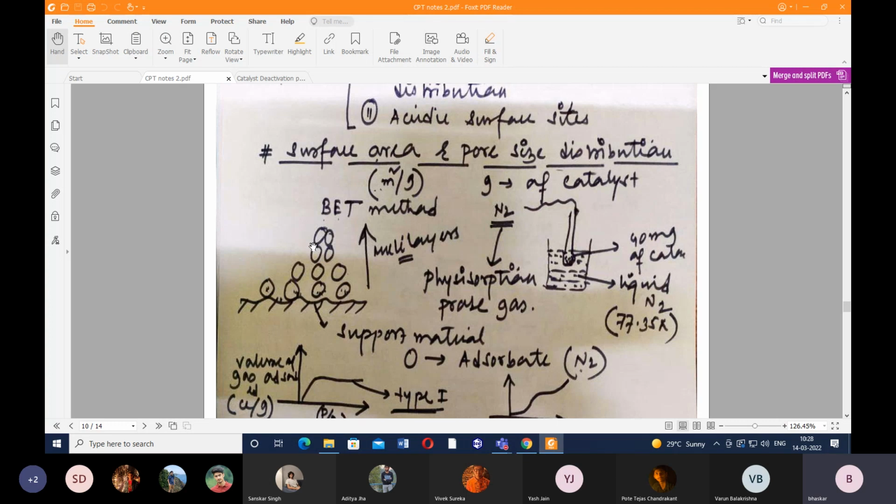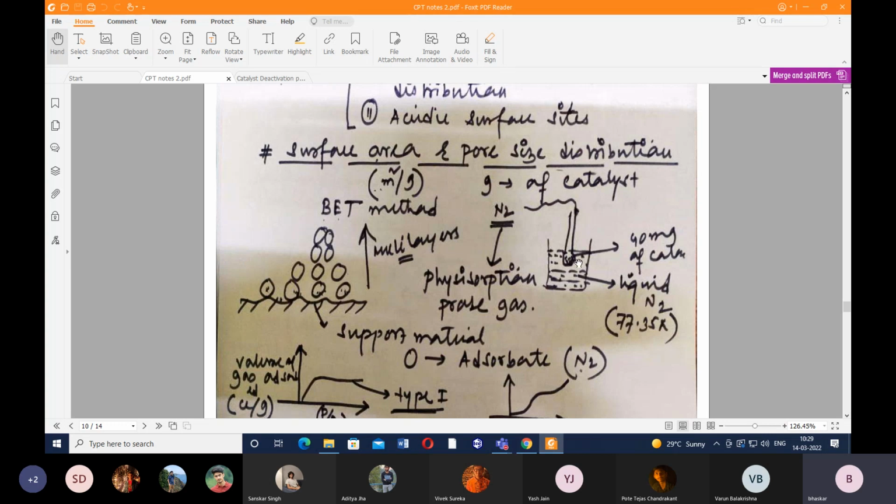First, there will be multi-layer formation of adsorbate over either homogeneous or heterogeneous catalyst surface. Second, there will be no physical interaction between the molecules in a single layer. That means two adjacent molecules won't interact with each other. This is applicable for this molecule, this and that molecule, and the same is valid for all other layers as well. So this was all about the BET method.